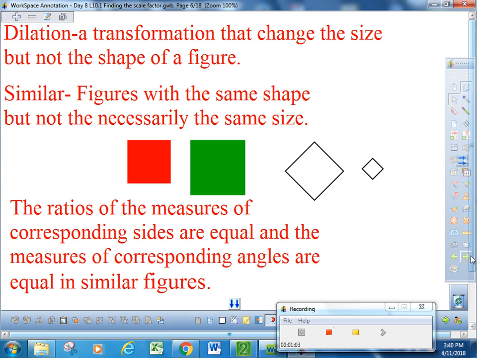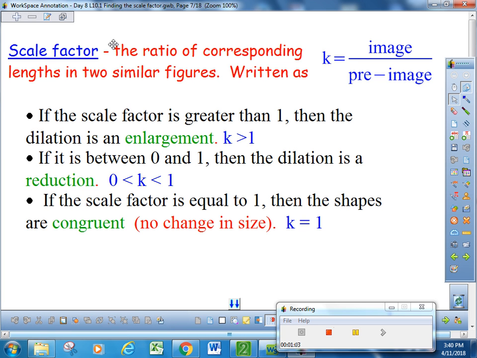The ratios of the measures of corresponding sides are equal, and the measures of the corresponding angles are equal in similar figures. And remember, when we write the scale factor, the ratio of the corresponding lengths, we are going to put the image side length over the pre-image side length.